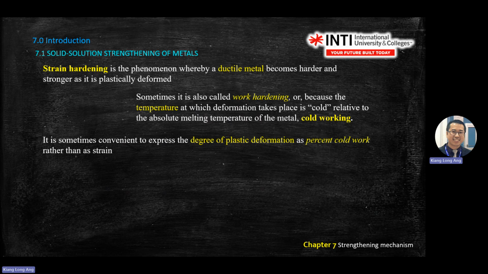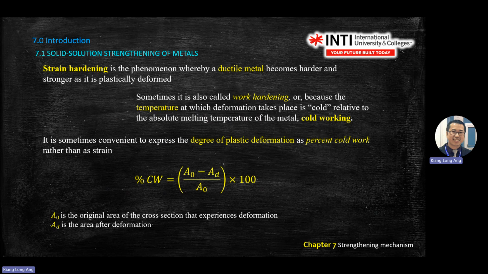So as long as the working temperature is less than the T melt, then it becomes cold working. If the temperature is more than the T melt or very, very near to the T melt, it becomes hot working.